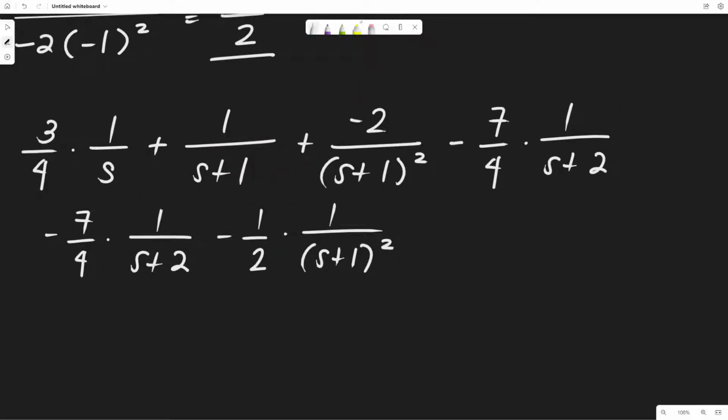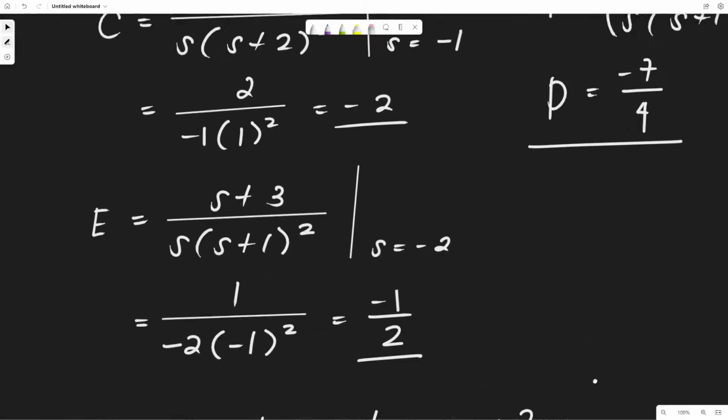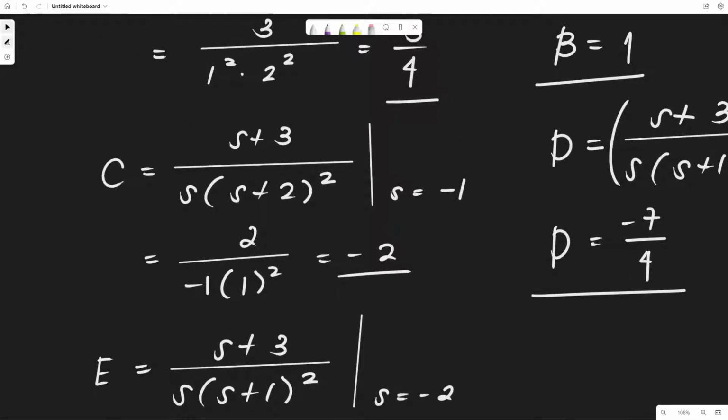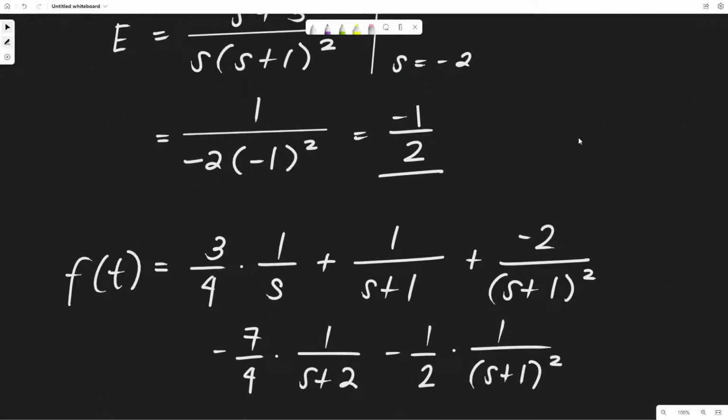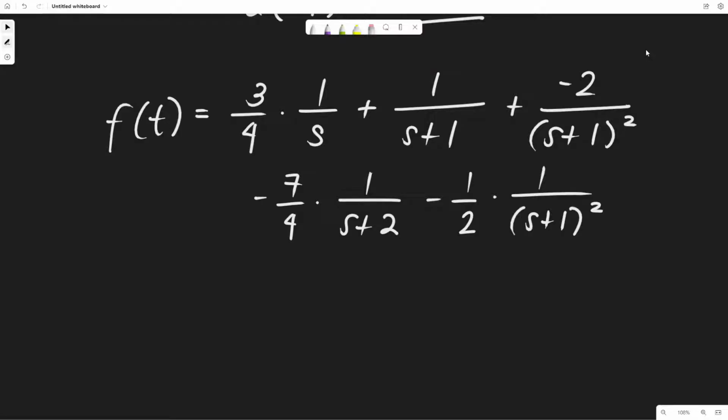Okay? Sobrahin ko na to. Yan. Okay, so confirm lang natin. E is equal to negative 1 half, C is negative 2, D is negative 7 over 4, B is 1, and A is 3/4. Ayan. So, pwede na natin kunin yung Laplace transform kasi na-decompose na natin. No? So, kunin na natin yung Laplace transform.